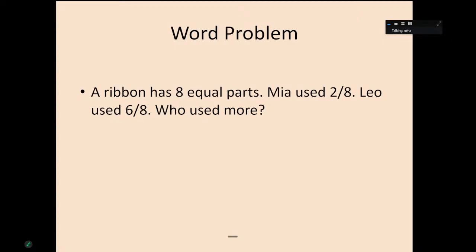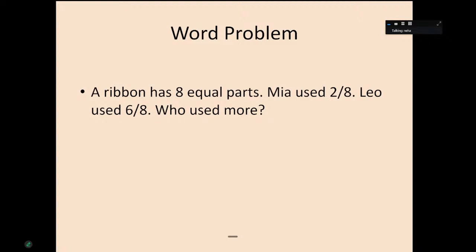So a ribbon has 8 equal parts, which means it's split into 8 parts, and Mia used 2/8 of the ribbon, and Leo used 6/8 of the ribbon. Who used more? So we'll do the same thing again. Look at the denominator.